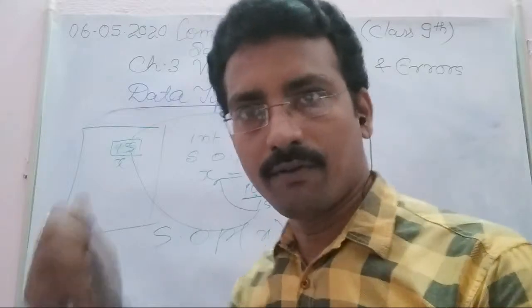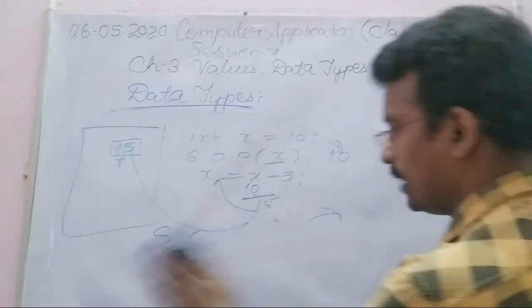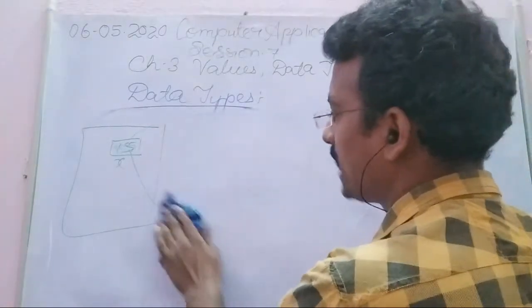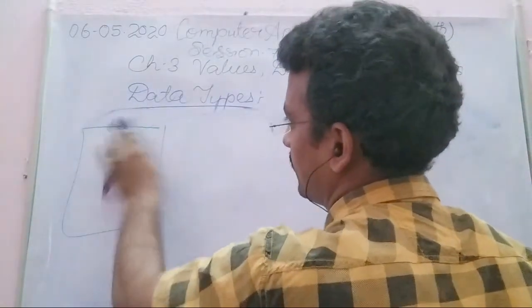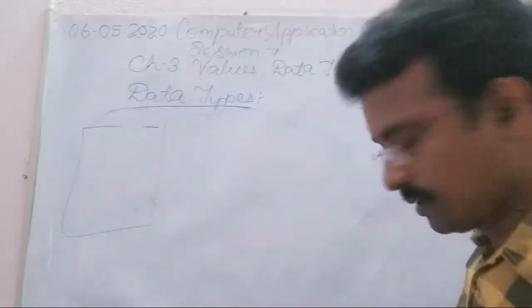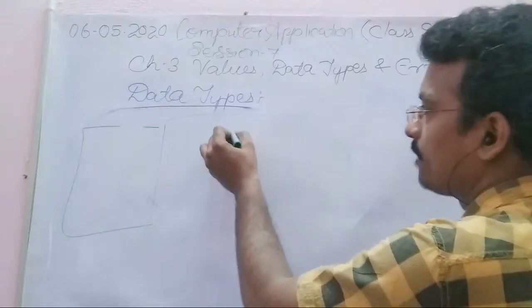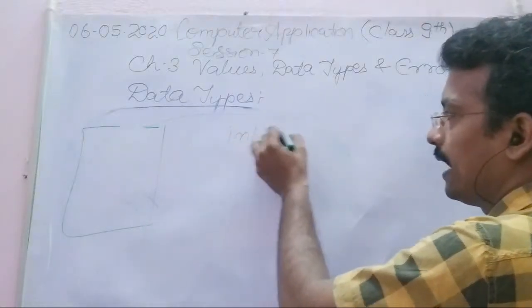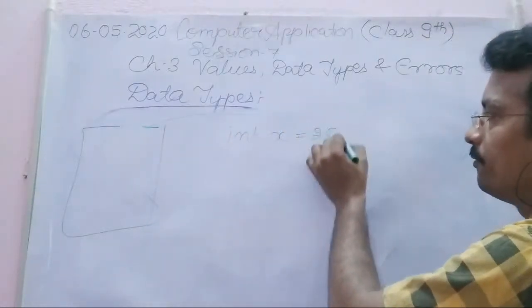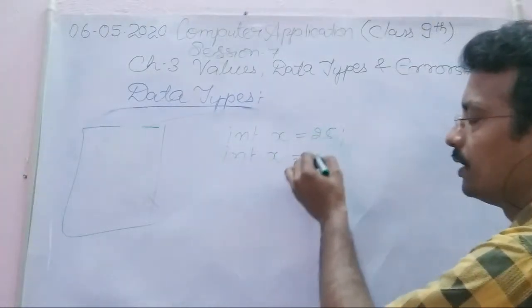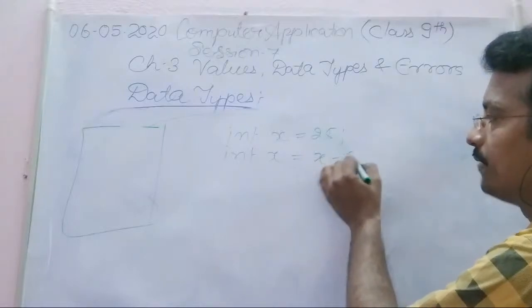So I will give you one set of expressions. You will guess what value can be there in the memory space. Do you have the pen and copy with you? Okay, let us start. Suppose I am giving integer x equal to 25, and then I said x equal to x minus 5.